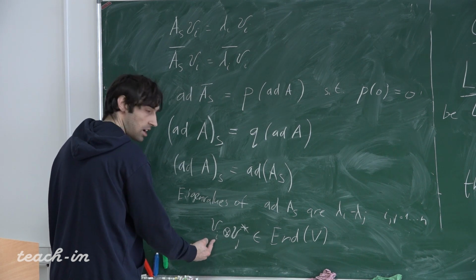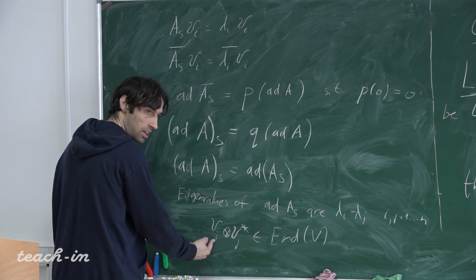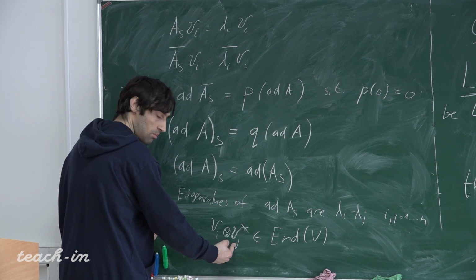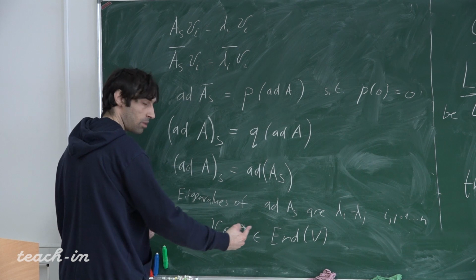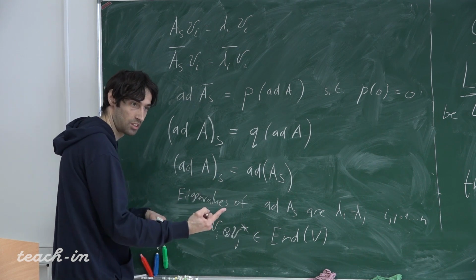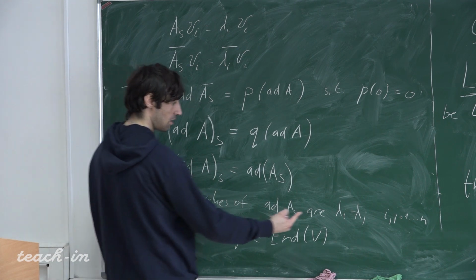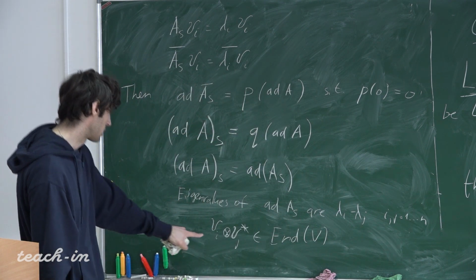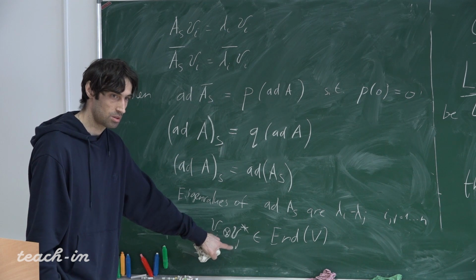You act on vi first by A, and then you act on vj. But because it's star, you will have a minus. So that's why the commutator arises, and that's how you get lambda i minus lambda j. Lambda i corresponds to this term, and lambda j corresponds to this term.